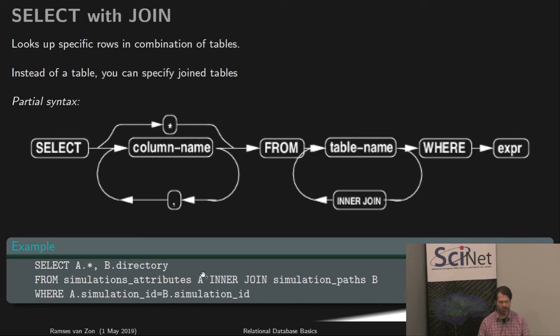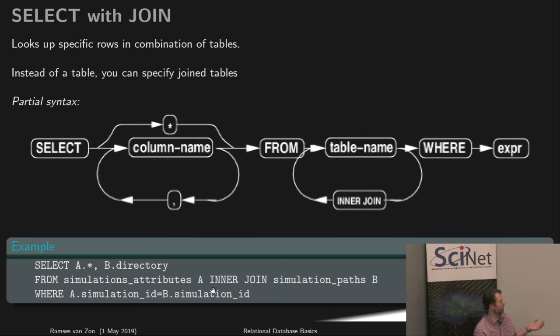So on the spot here, I'm putting in an alias, A, so that when I want to select everything from the table, I just say A.star. That's everything from A. And then from the simulation paths, I only wanted the directory. But I don't want to type simulations path dot directory, it's very long. I just want to type B. And it's also useful in the where clause, so that it can be A.simulationsID equals B.simulationsID.